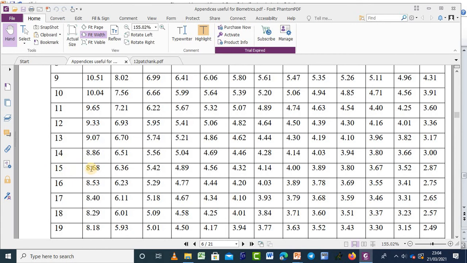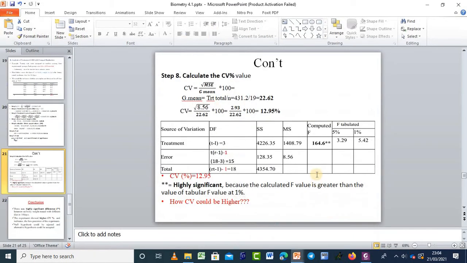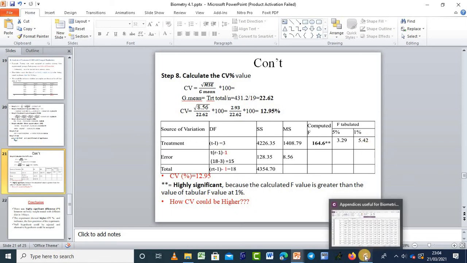The intersection point at 1% is 5.42. Therefore 5.42 is the F tabular value at 1%, and also at 5%.